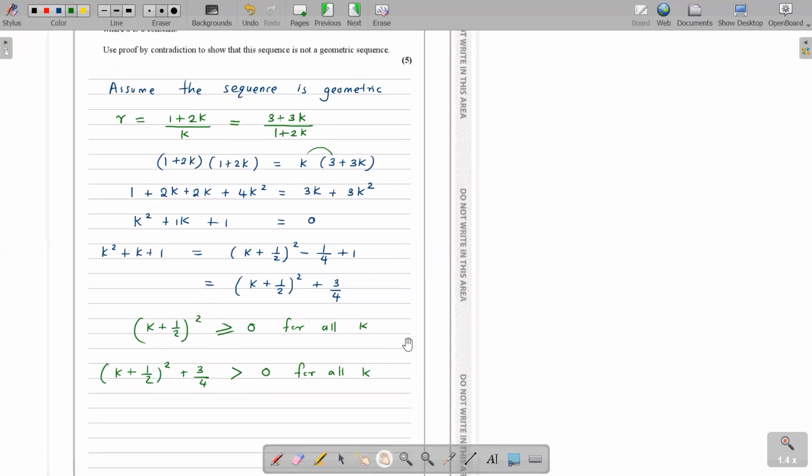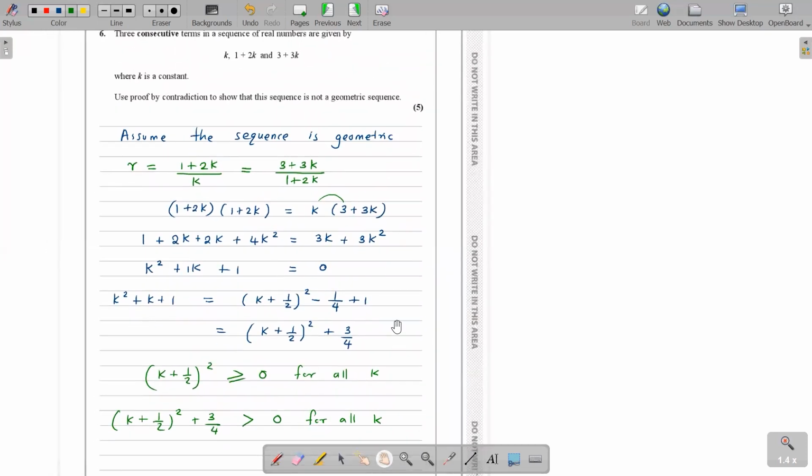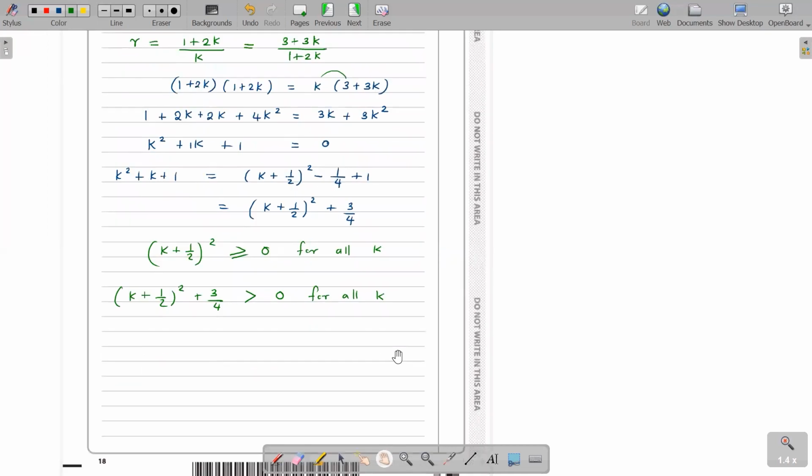So what does this mean? Are there solutions for this equation? Can I get answers that work out for this particular equation? No. So what does it mean? This is a contradiction. So write down, this is a contradiction, and what does it mean?